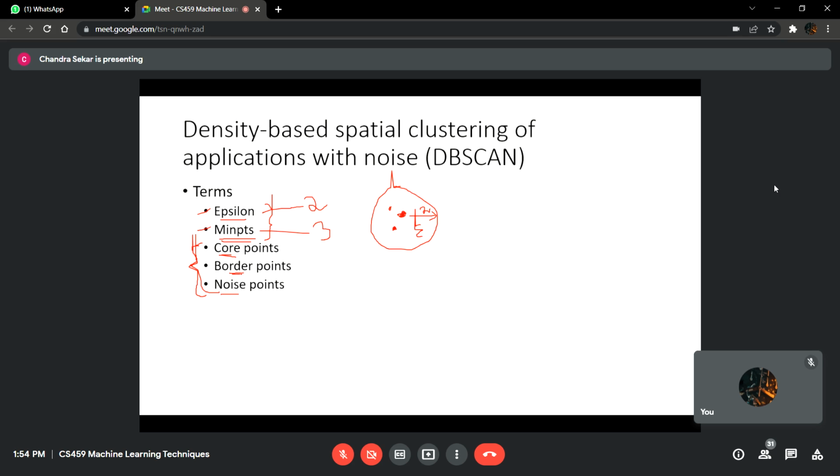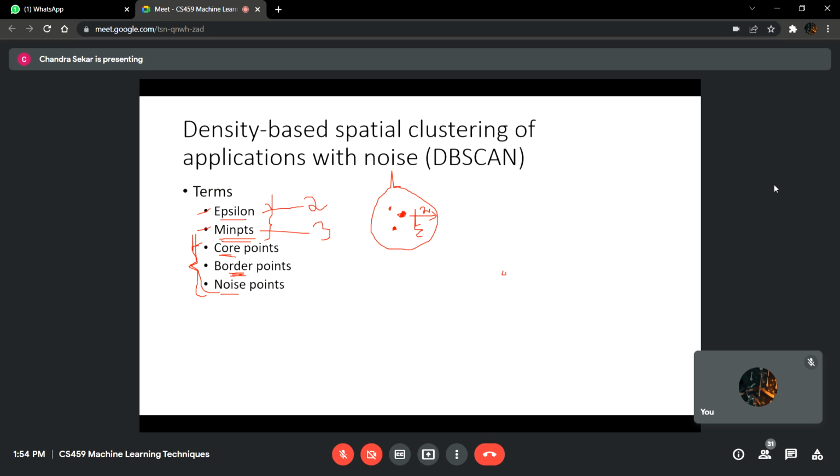And a border point is something which will not have min points number of neighbors inside the epsilon radius, but it will be inside the radius of another core point.